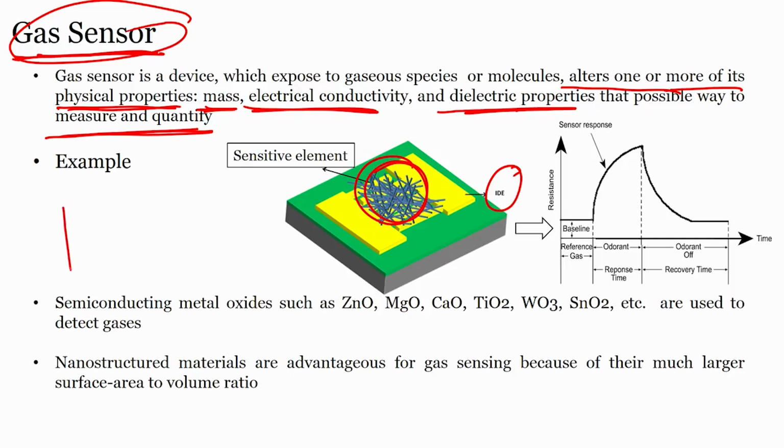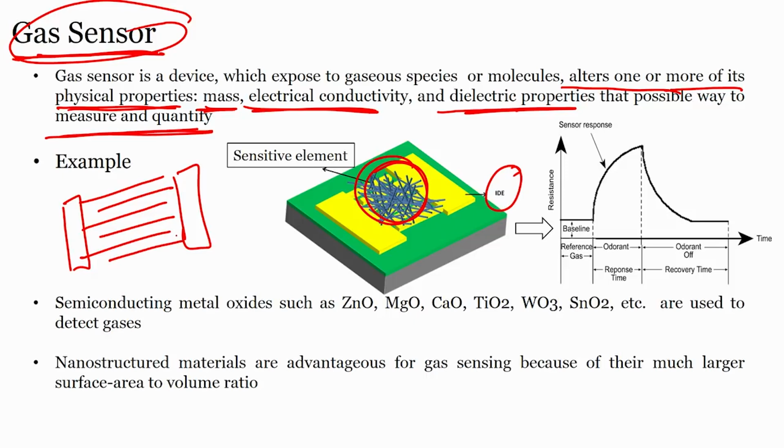So, now what you have is interdigitated electrodes on which some nanowires or nanostructures are formed, and this is an oxidized silicon wafer.